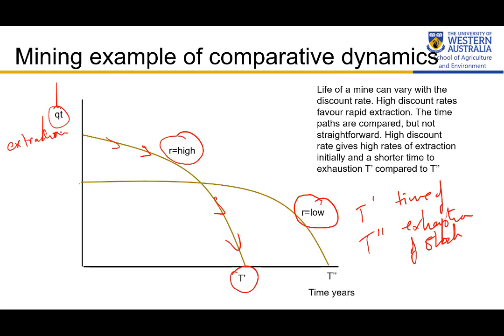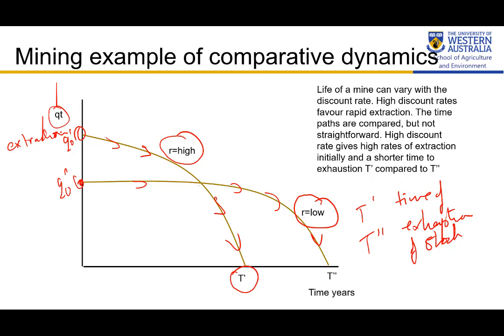If we then compare that with the low discount rate, we start with a lower rate of extraction, then we follow this path down, and we see that the time to exhaustion of stock is much later. So there's no simple elasticity to compare these two time paths, but they could be compared in terms of the initial level of extraction.